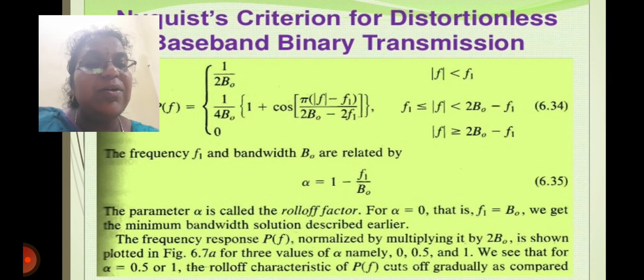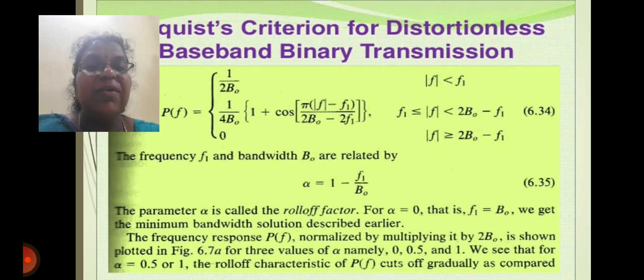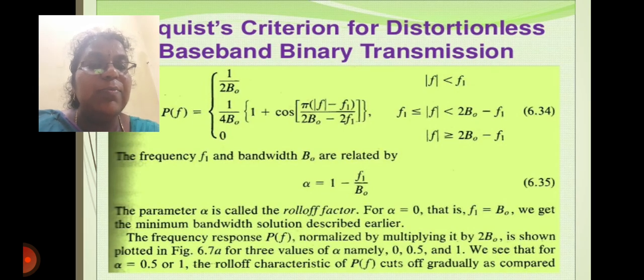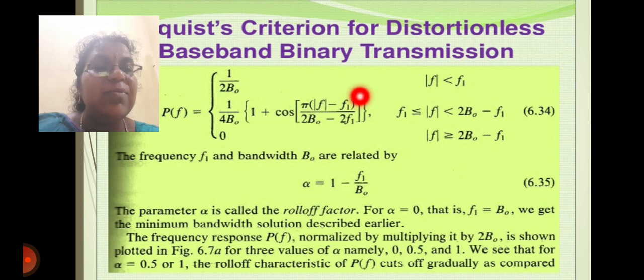So now this P(f) is given by P(f) equal to 1 by 2B0 for modulus of f less than f1, and 1 by 4B0 into 1 plus cos of pi times (modulus of f minus f1) by (2B0 minus 2f1) between f1 and 2B0 minus f1, and 0 for modulus of f greater than or equal to 2B0 minus f1.